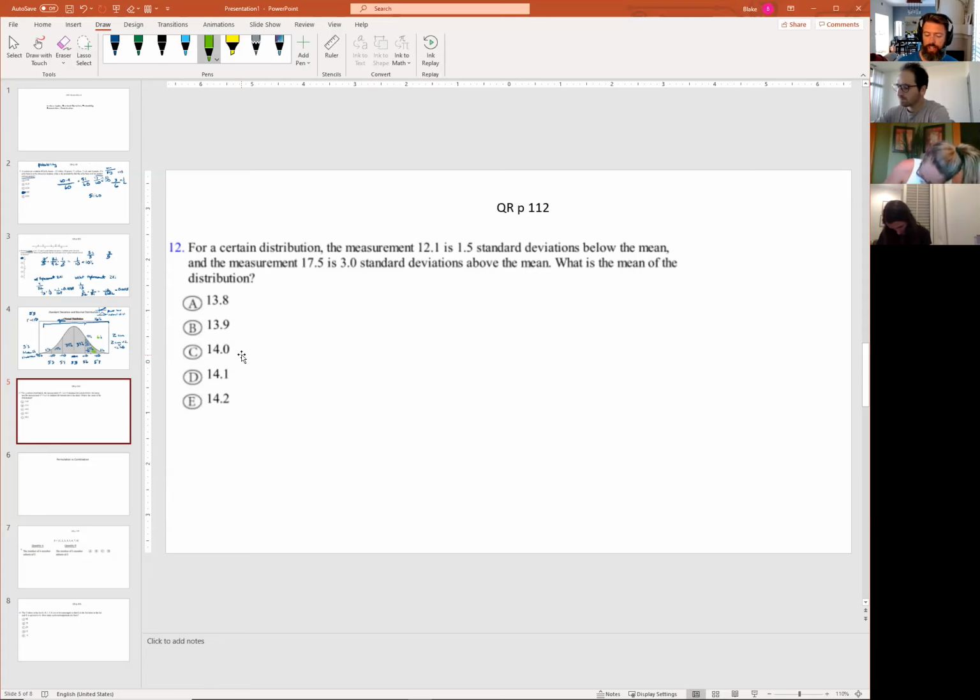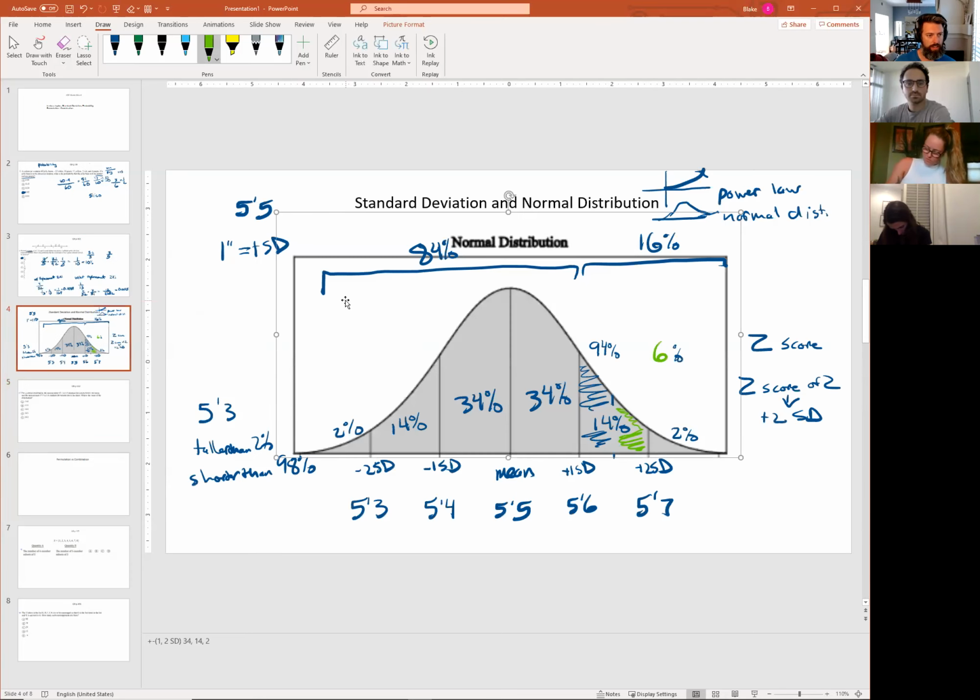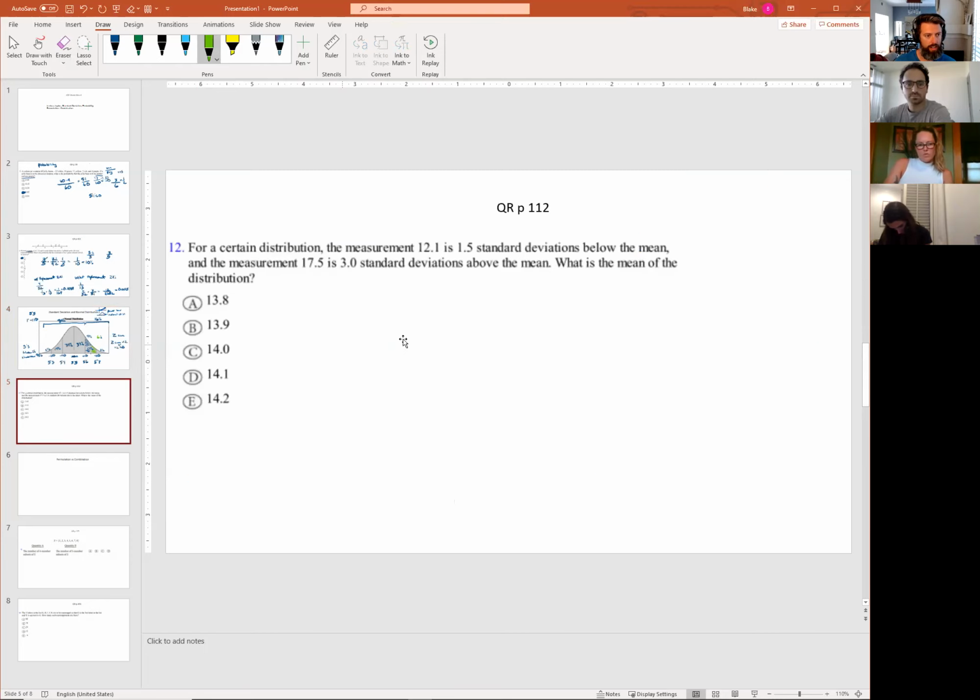So my first hint here is going to be, let's just draw, let's see if I can copy this and shrink it.